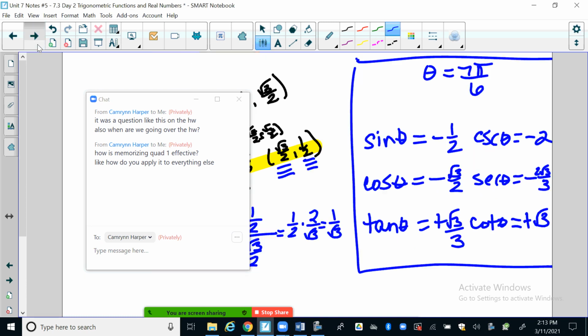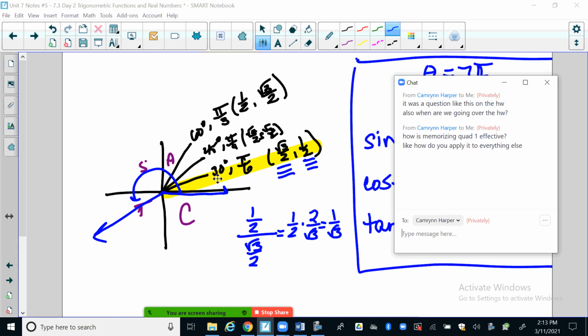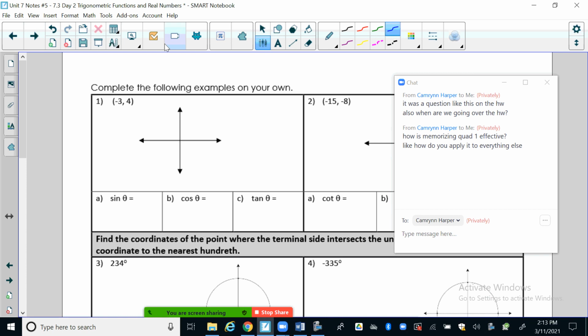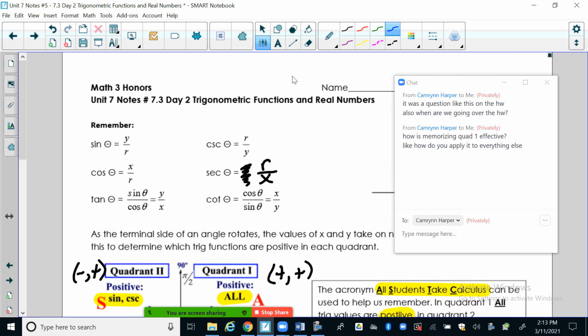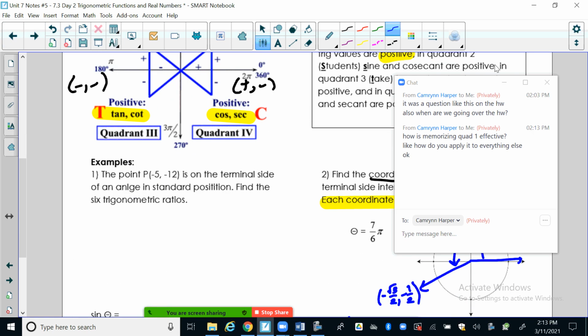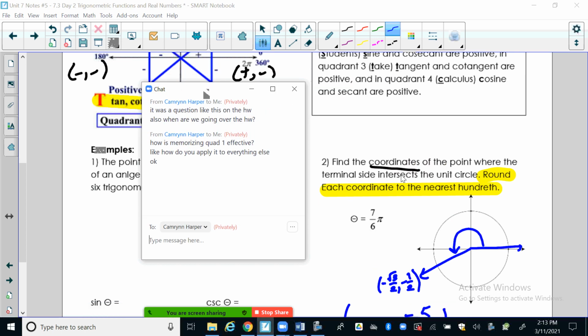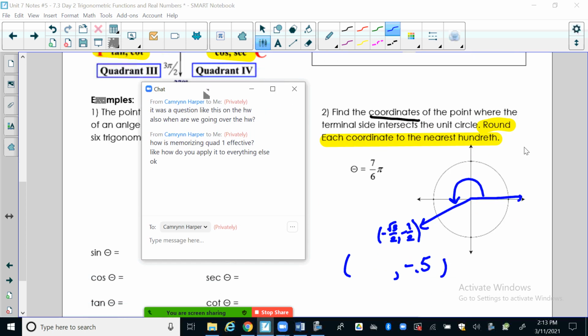So we used the reference angle in quadrant 1, pi over 6, to get the answer to 7 pi over 6, which is actually in quadrant 3. Okay, if I didn't answer your question, if you can just word it differently or ask it differently, I'm sorry, I don't think I'm fully understanding.